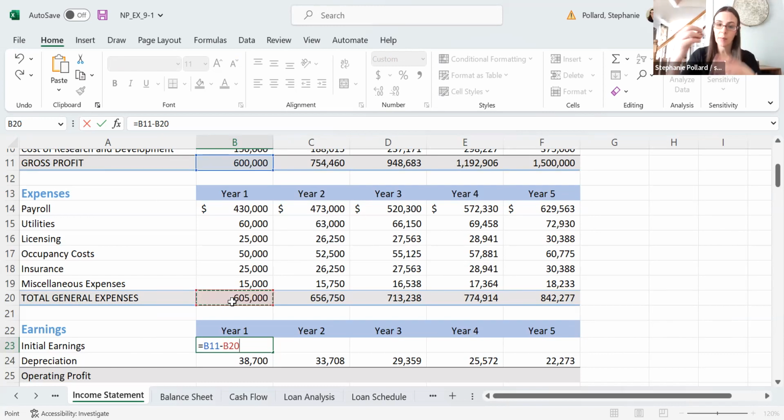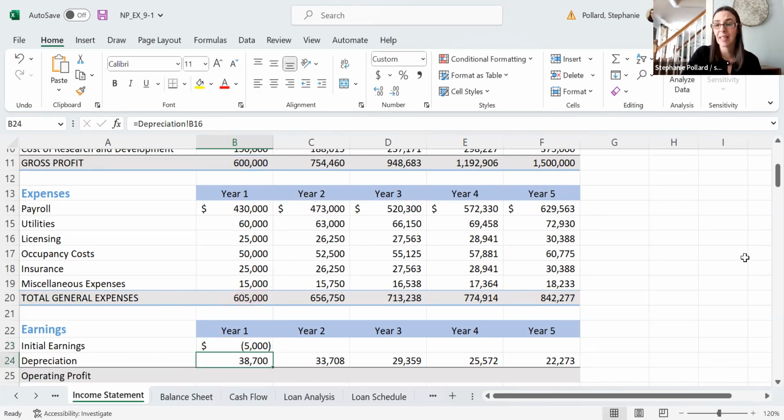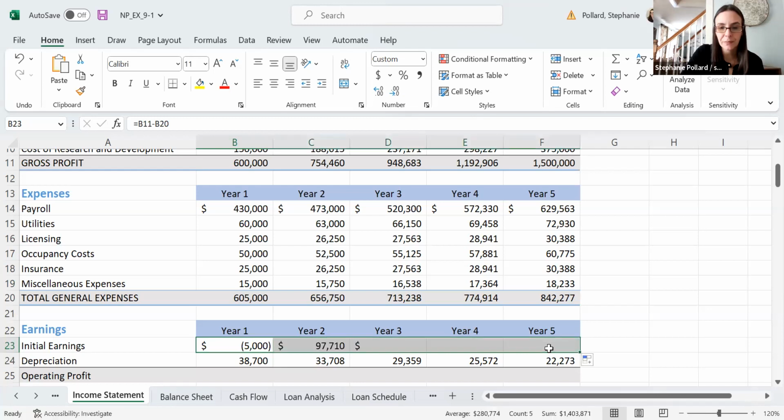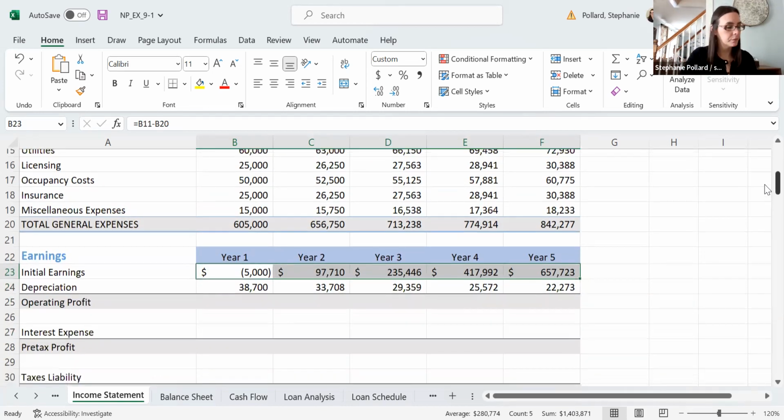So whatever's coming in minus what's going out. So my initial earnings for year 1 are actually negative $5,000. And then I can go ahead and copy this formula over for the rest of the years. So I do have a negative first year, meaning I'm losing money, but it looks like by years 2, 3, 4, and 5, at least so far, based on just my initial kind of expenses, I am coming out as a profitable company here.